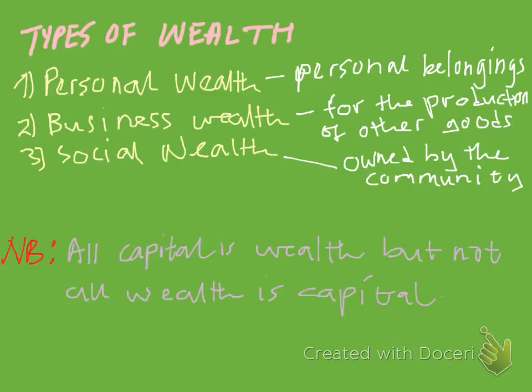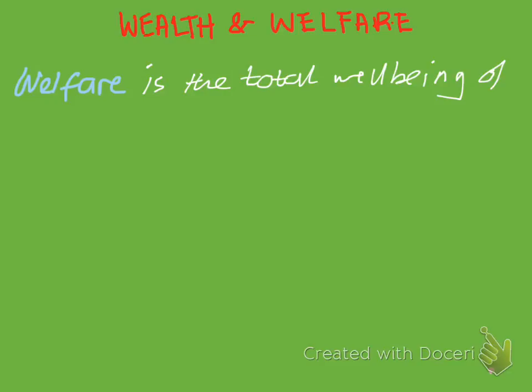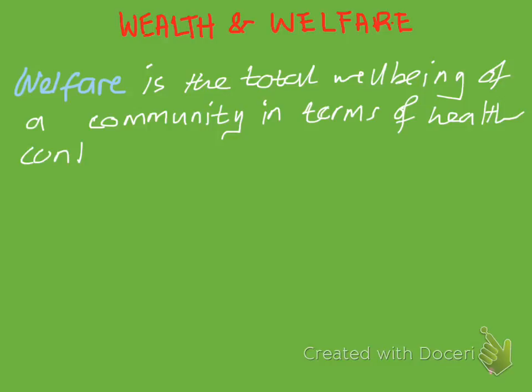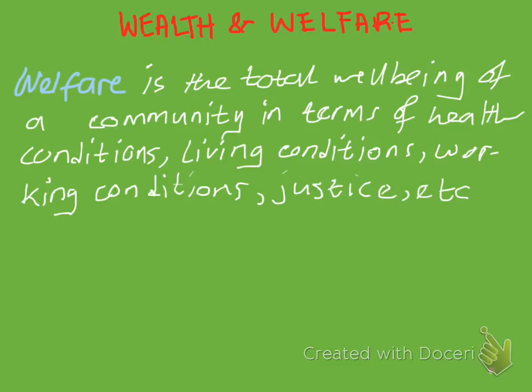Okay, moving forward, we'll look at wealth and welfare. Welfare is the total well-being of a community in terms of health conditions, living conditions, working conditions, justice, and so on.